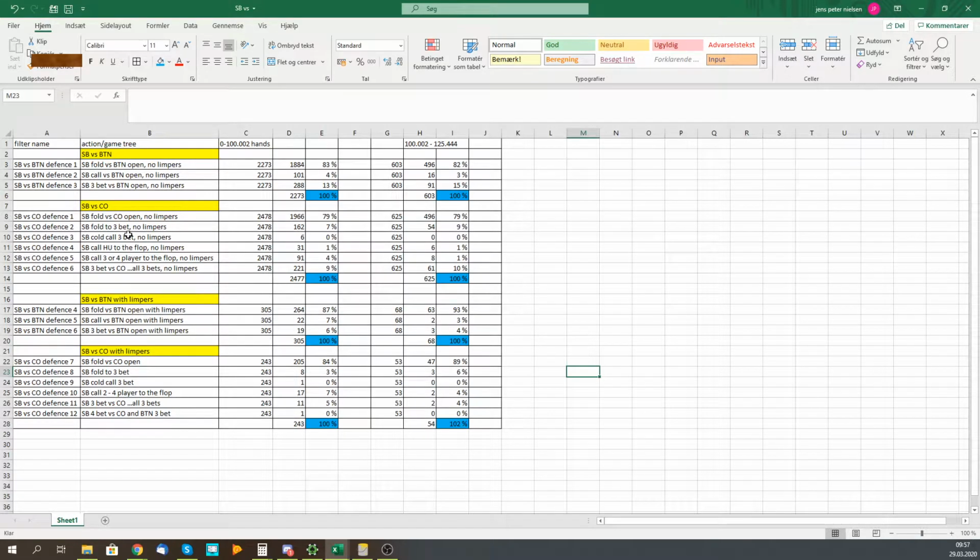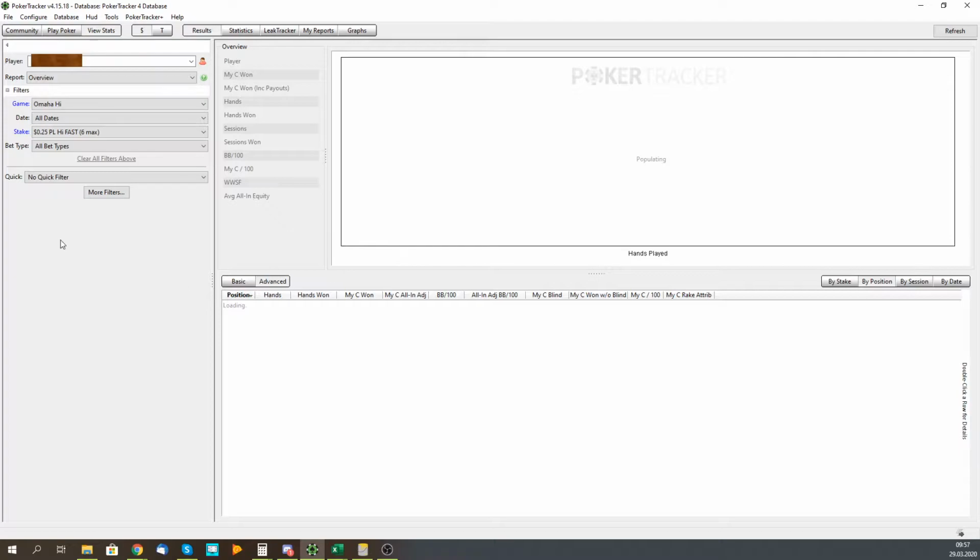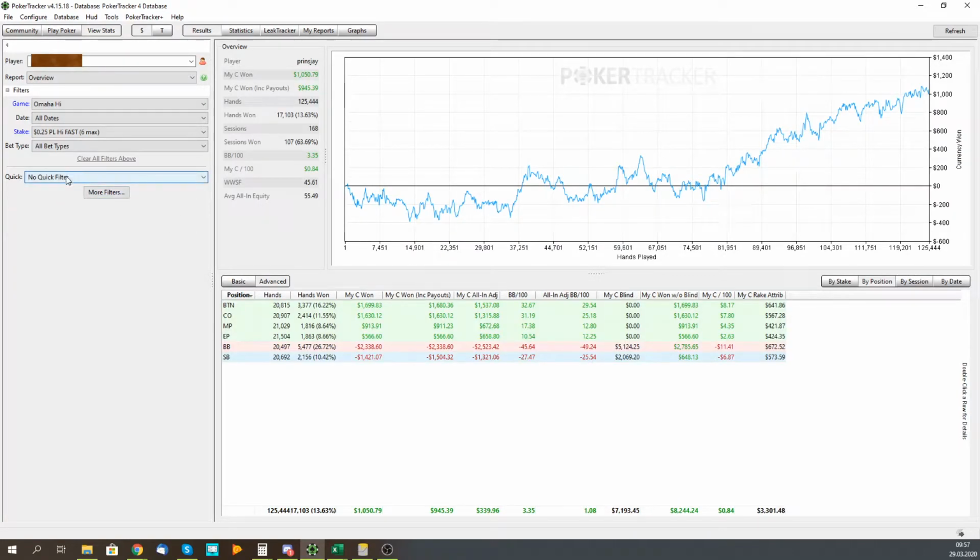But today I'm just going to go into my PokerTracker and take two filters: the small blind versus the big blind where I free bet, and the small blind versus the cutoff where I free bet. I'm not going to go into a bunch of hands, I'm just going to take a look at the result.